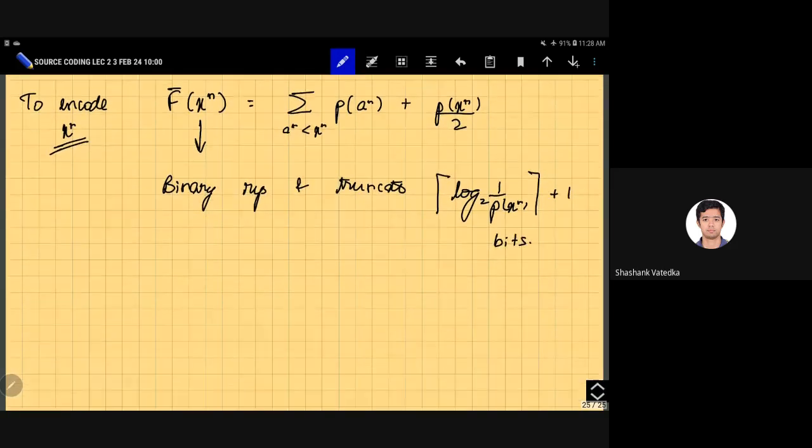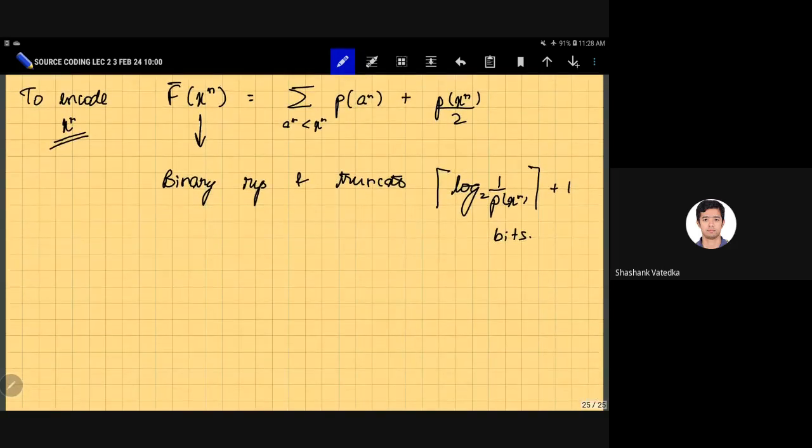So what is the basic idea? Without loss of generality, we will assume that the alphabet is the set 0, 1, 2 up to m minus 1.